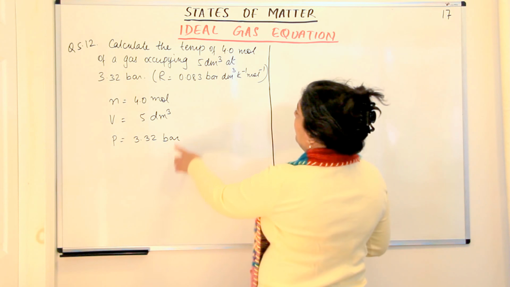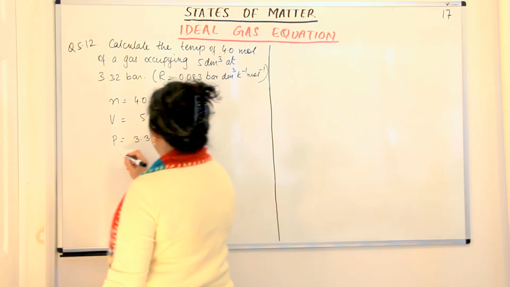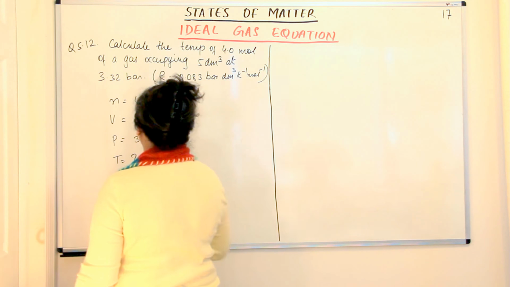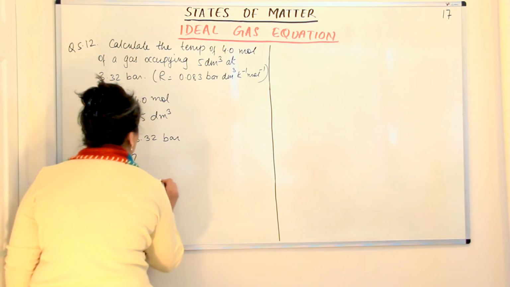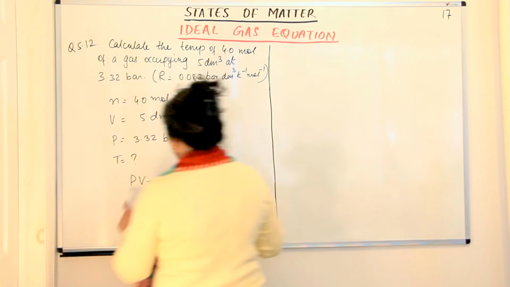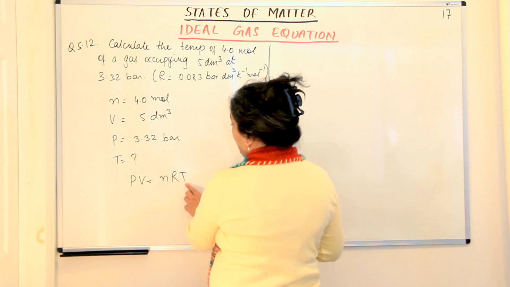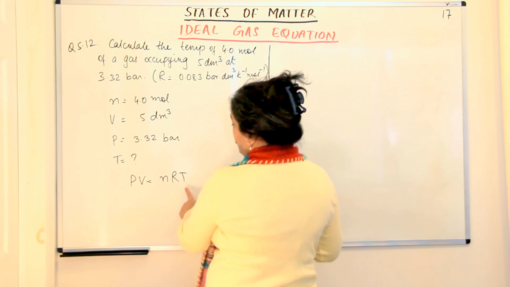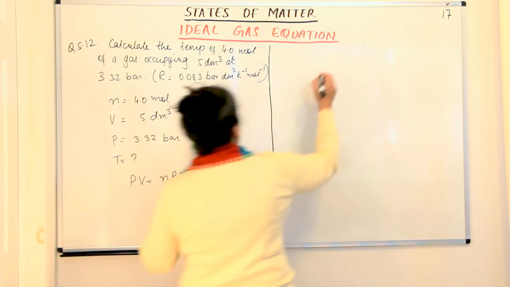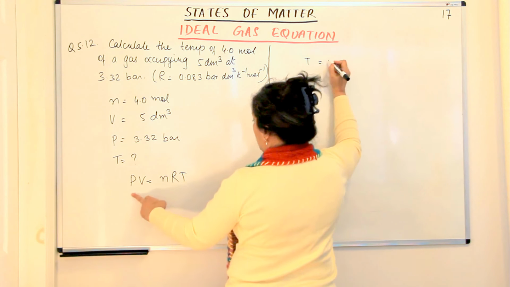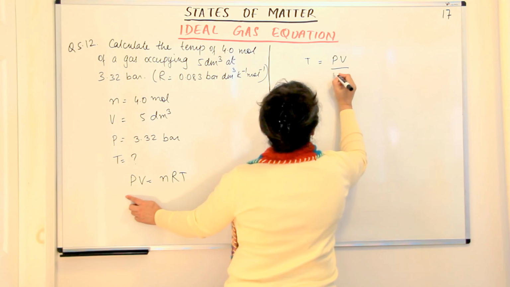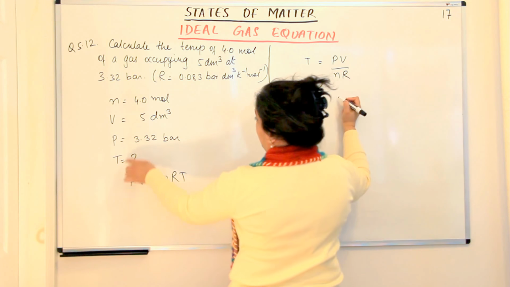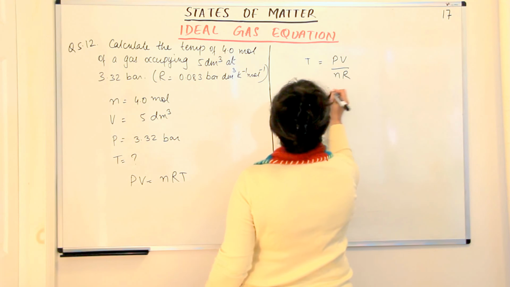What are we supposed to calculate? We are supposed to calculate T, capital T. Now we know that PV is equal to nRT, and we've been given these 4, we are required to find out T. So T would be equal to, keep PV on this side and take NR down here. So let us substitute the values.